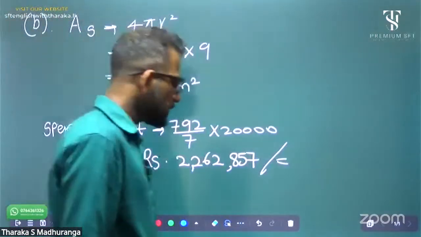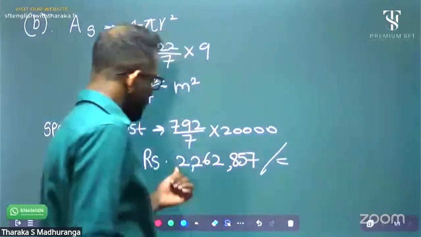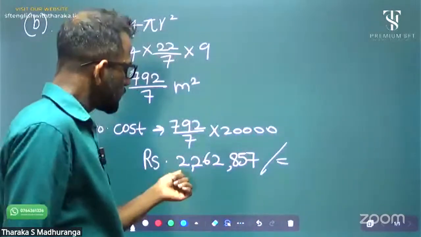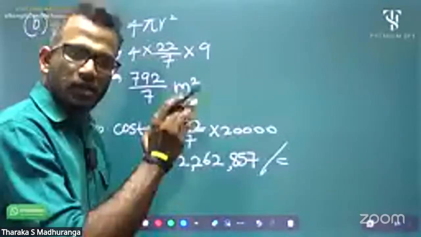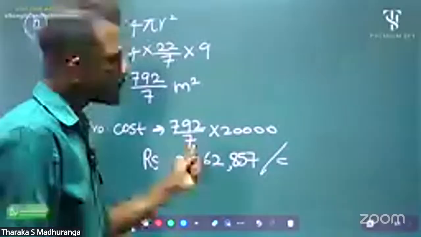This is approximately 22 lakhs and 62,857 rupees total production cost for the sphere.